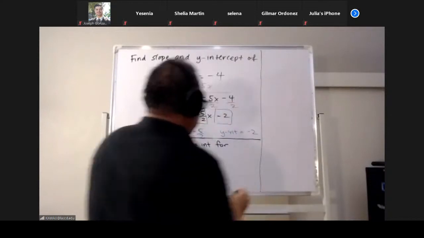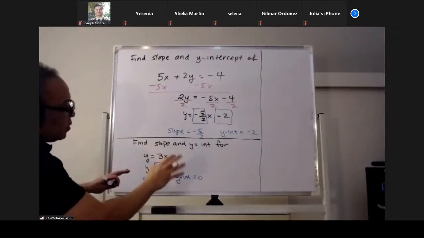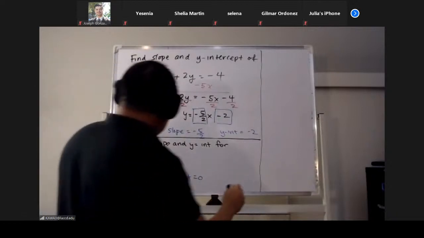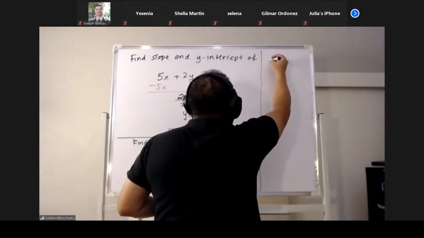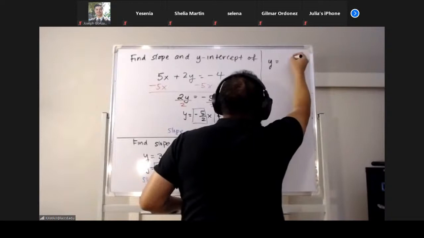Now, we're going to do the same thing, find the slope and y-intercept for y is equal to 5.